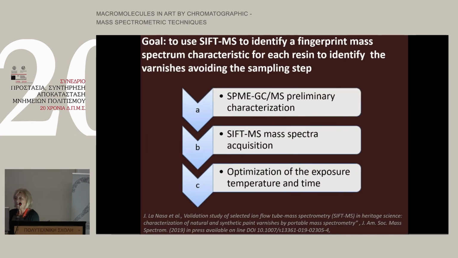We have preliminarily characterized them by SPME GC-MS, and then after acquisition by SIFT-MS, we had the opportunity to understand which are the volatile markers which can identify and recognize a specific material which is contained in a closed chamber.